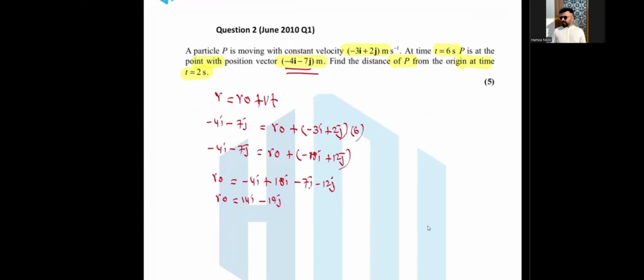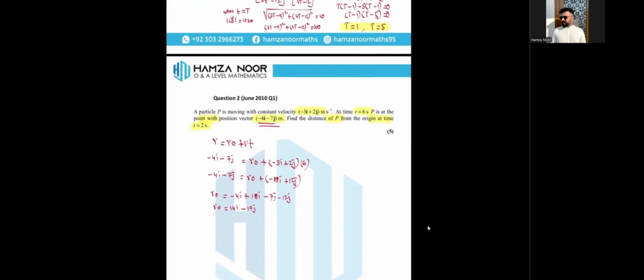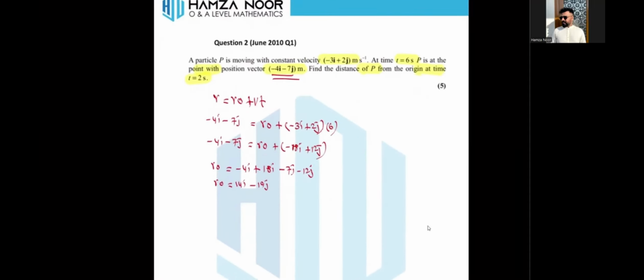Now we have to use this vector to find the distance of the particle from the origin when t equals 2 seconds. Again we use the equation r equals r naught plus vt.